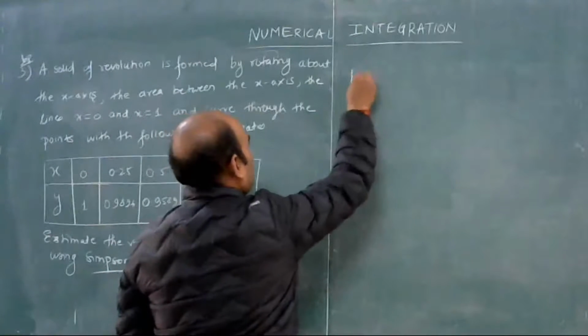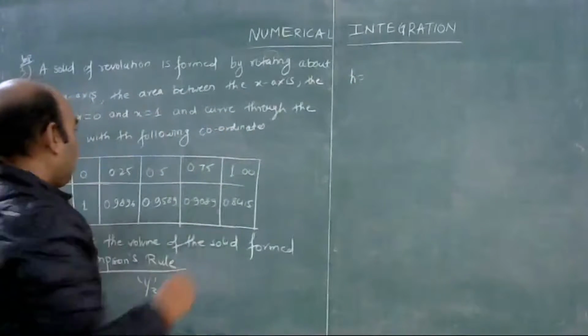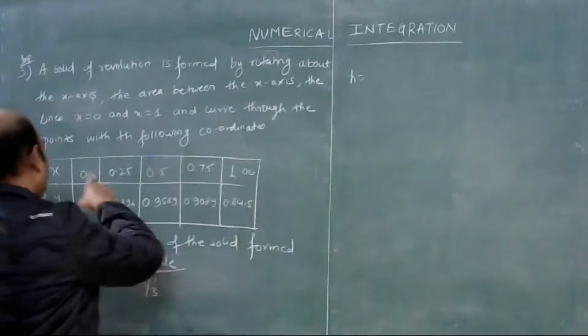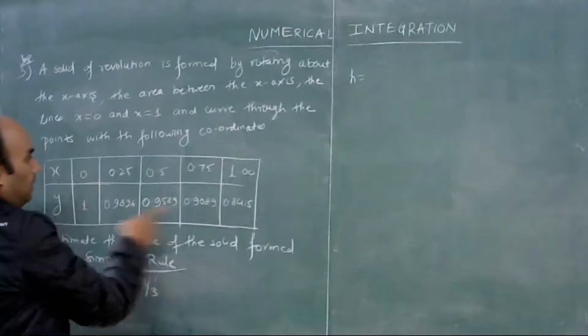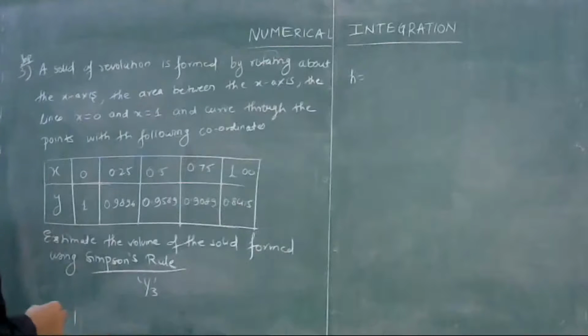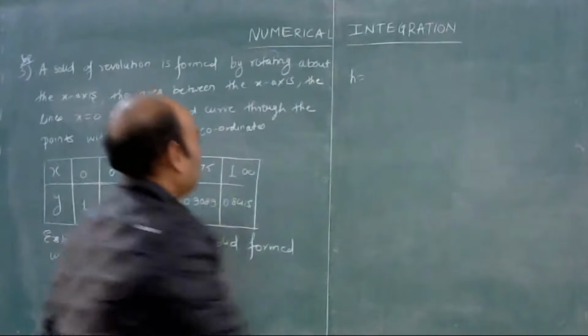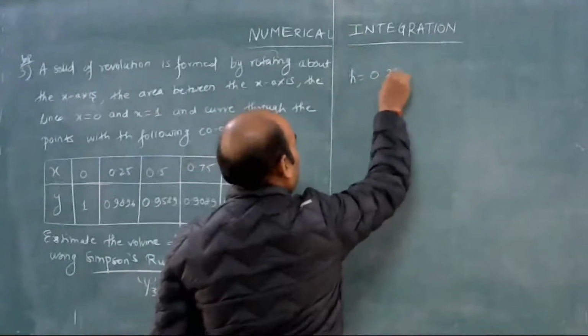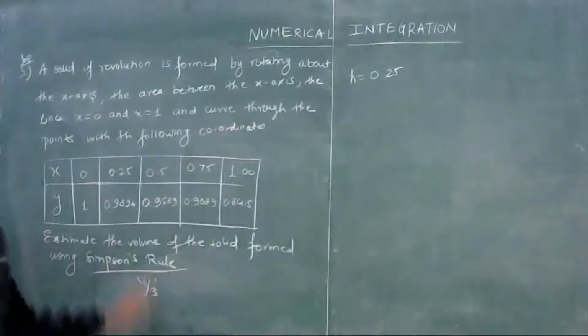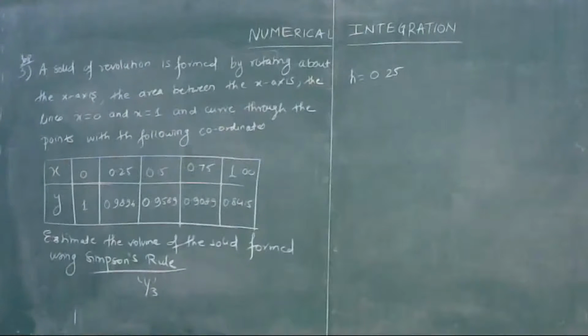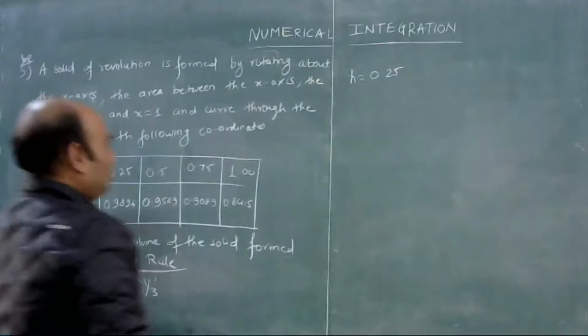So h can be calculated from upper limit minus lower limit divided by number of intervals. It is clear it is 0.25, 0.5, 0.75 and 1. So no need to calculate. It is quite obvious from the table. Value of h will be 0.25.